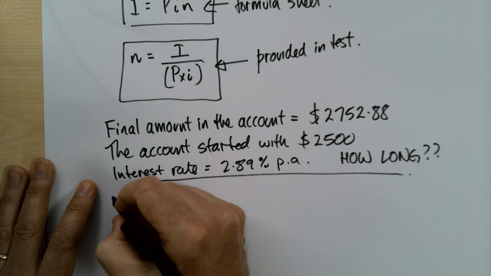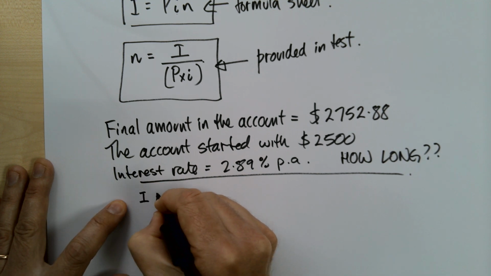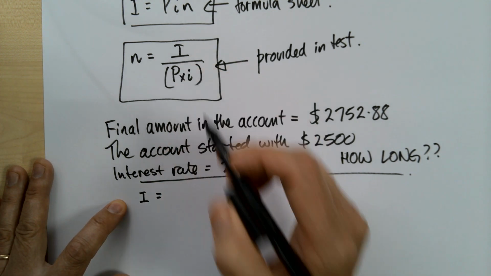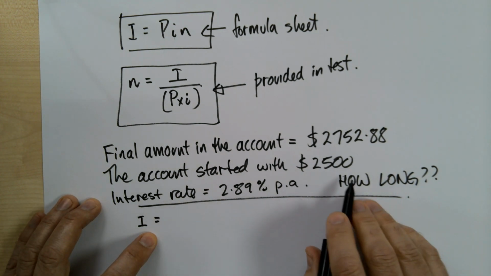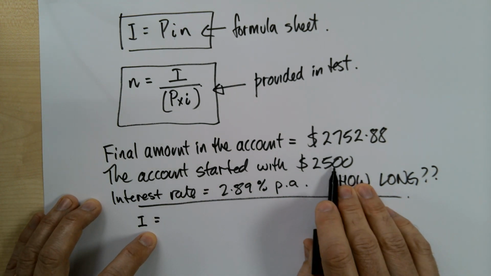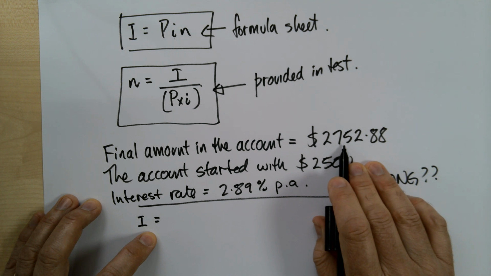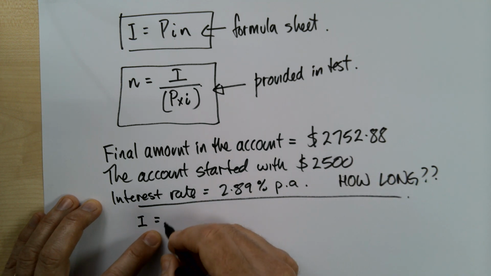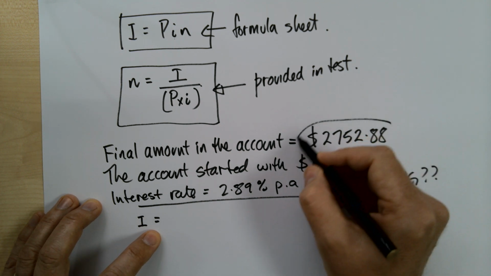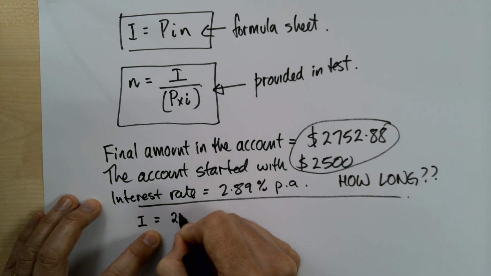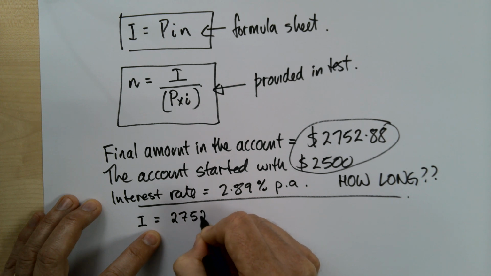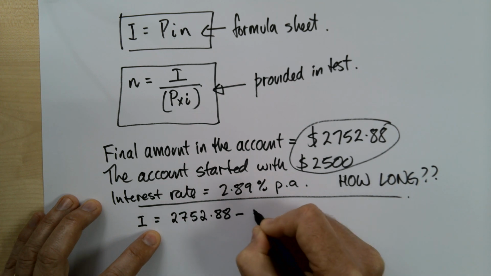So, the first part, we've got to calculate what Big I is. Big I is how much the bank has given you over time. So it started off with that. Then it grew to that. So we've got to subtract these two to get how much the bank actually gave. 2,752.88, subtract that.